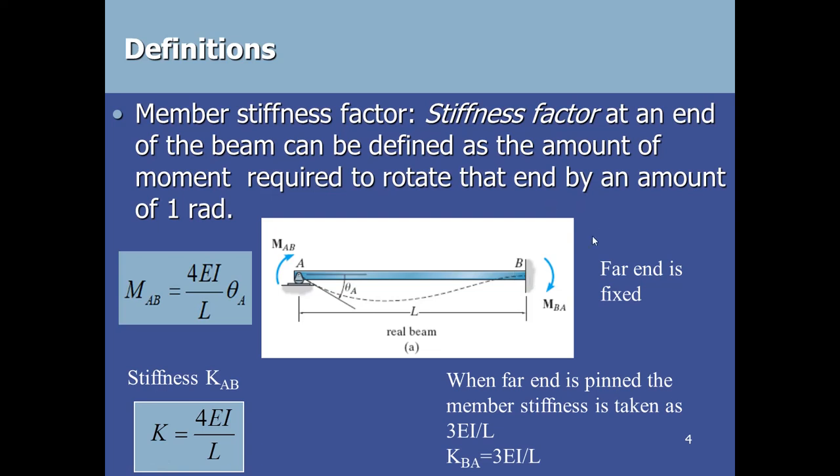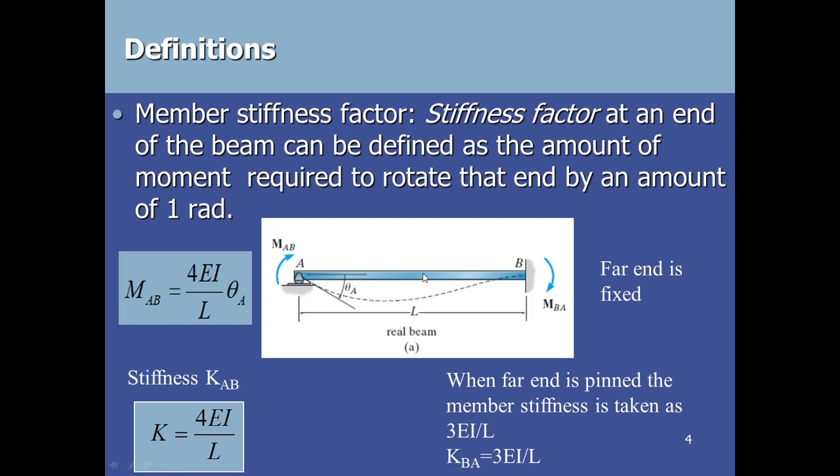In this case it is fixed. So the moment required for rotation of joint A comes out to be 4EI theta A by L. When we put theta A equal to 1, this gives you stiffness, and this will be equal to 4EI by L, which we can say is KAB, where A is the near end and B is the far end. So the first suffix is the near end, B is the far end.